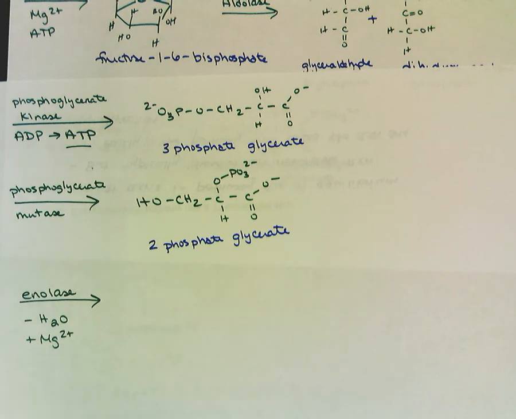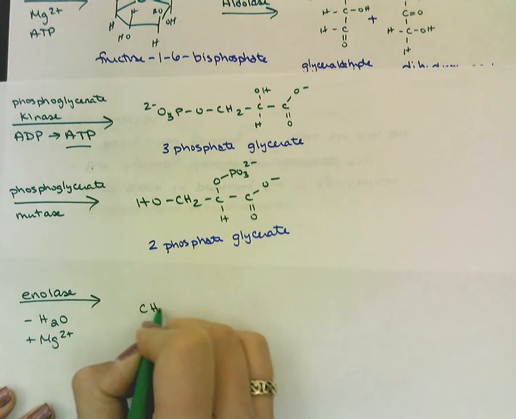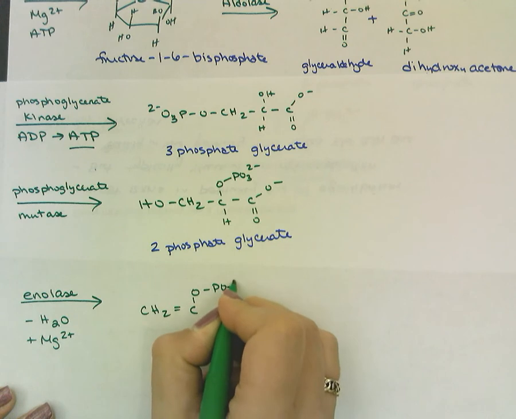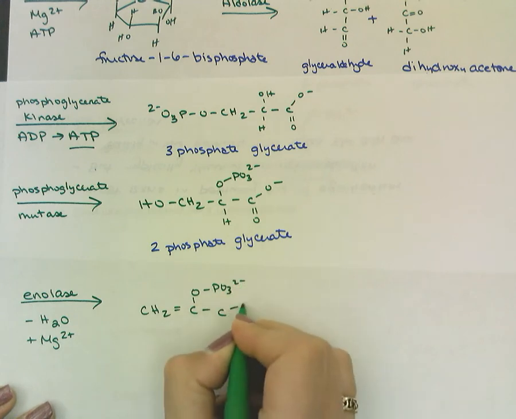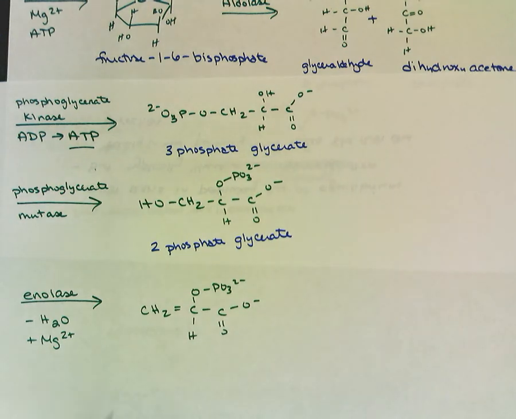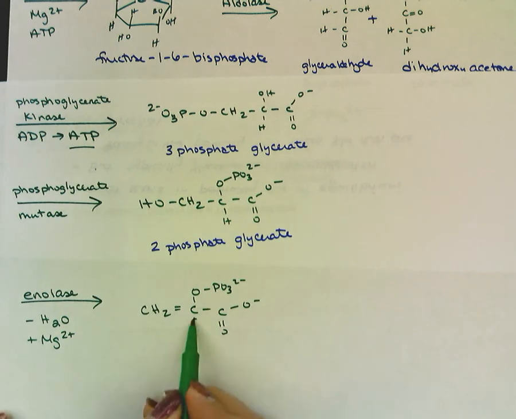Then we're going to use enolase. We're going to remove the water, and we'll need some magnesium at this step, and we'll see why when we look at it more in depth. So you can see that we cleaved off that water portion, the alcohol, we cleaved off some water.